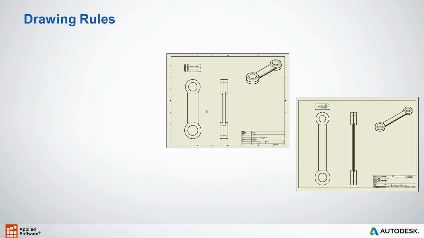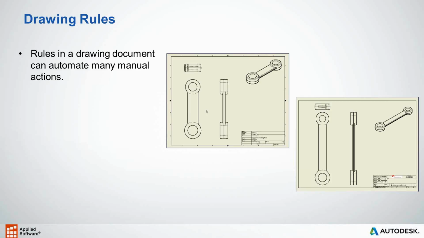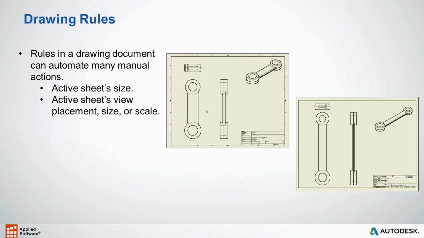So, rules in a drawing document can automate many manual actions required when a drawing model is changed, such as controlling an active sheet size, also having the ability to control an active sheet's view placement, size, or scale, the ability to control an active sheet's title block or border.